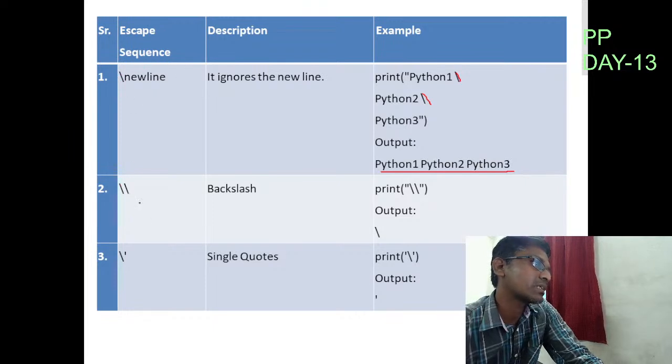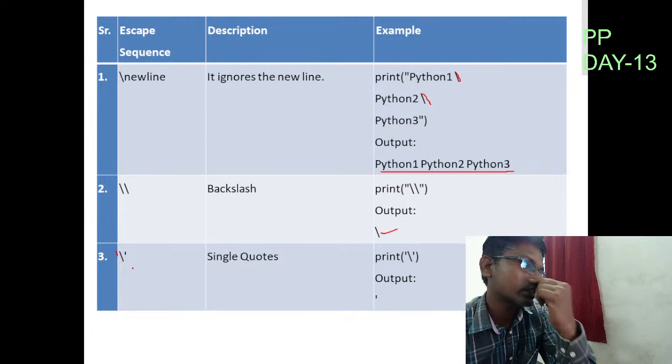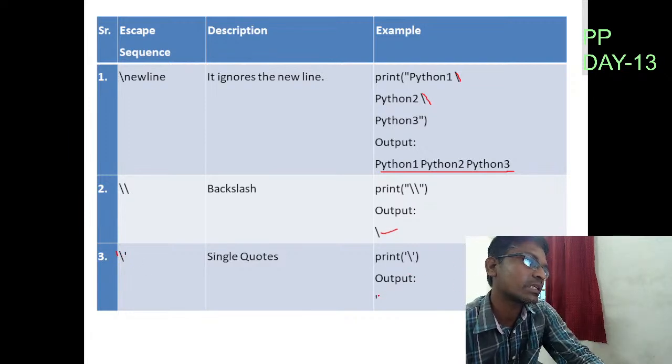And a double backslash: if you use a double backslash, then it will print a single escape sequence backslash. If you use a single backslash in single quotes, then we'll get the output as a backslash only.